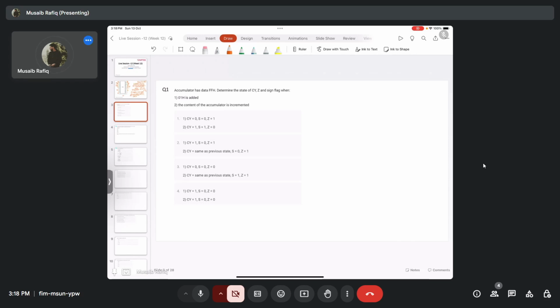So let's start. We have accumulator whose contents are FF hex. So it's 1111 1111. Then we have the first case where 01 hex is added. That implies the addition operation will be like this.